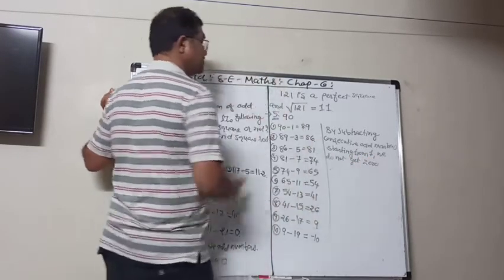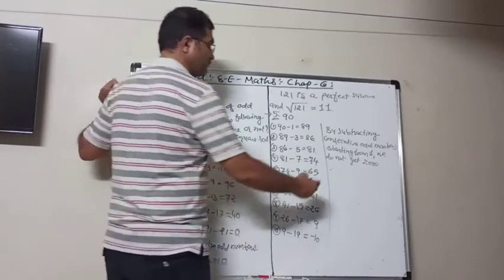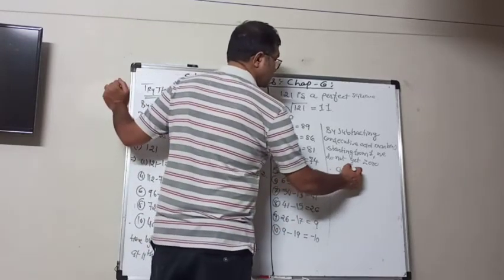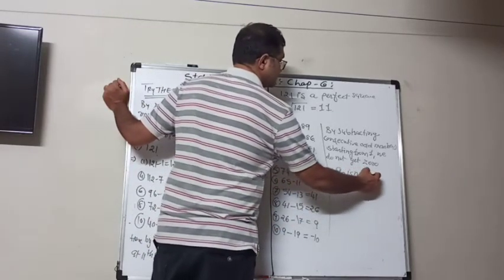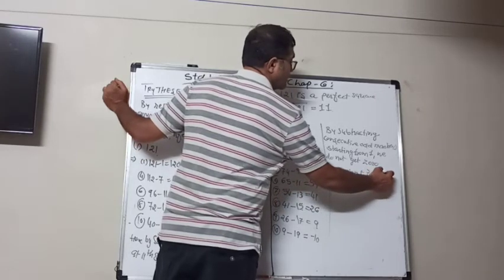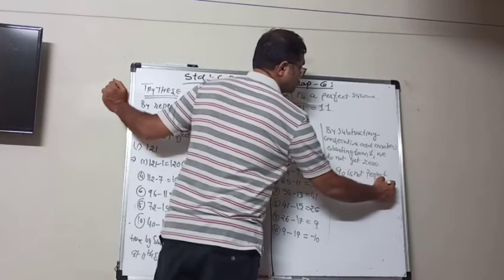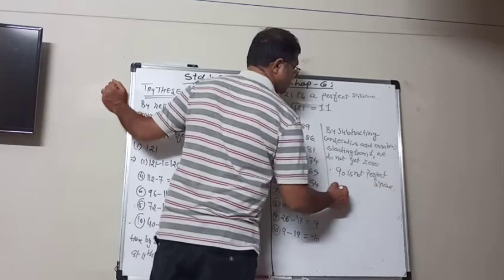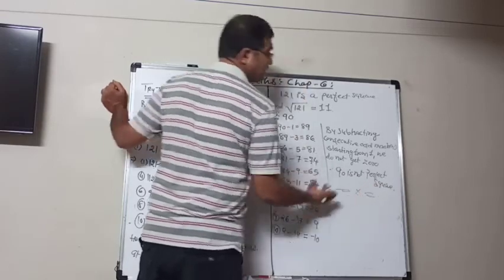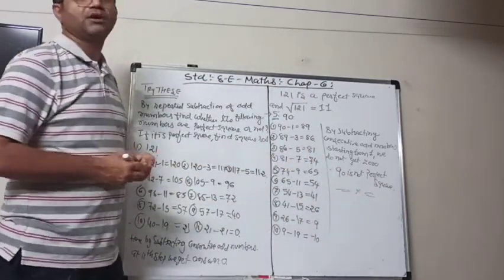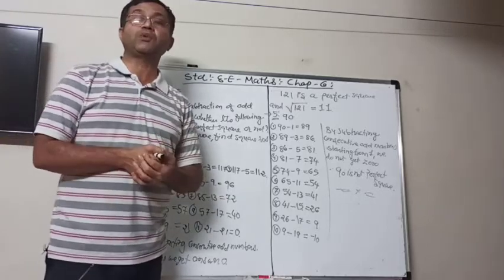It means that 90 is not a perfect square. Therefore, 90 is not a perfect square. So we cannot find the square root because it is not a perfect square number.